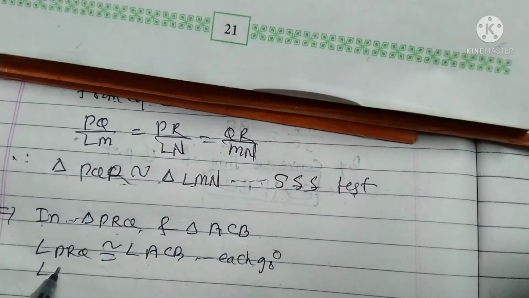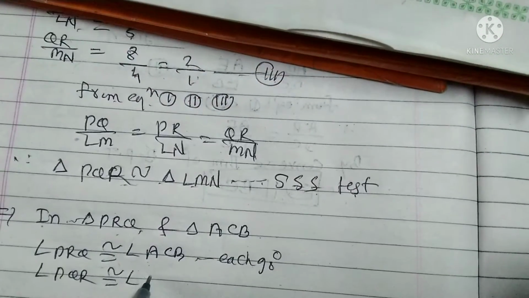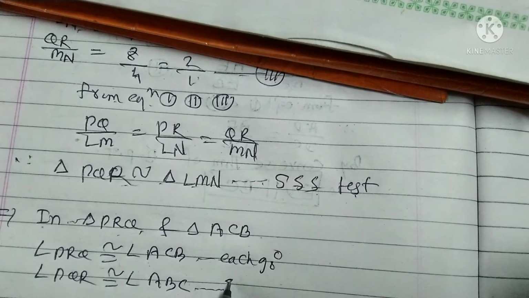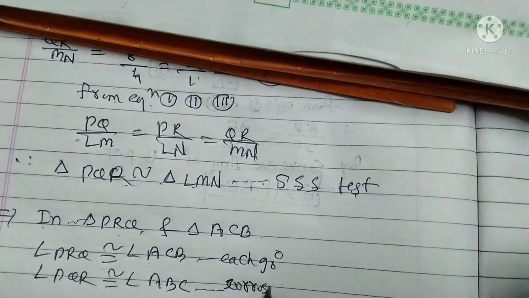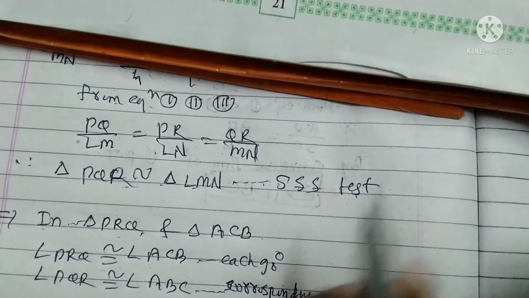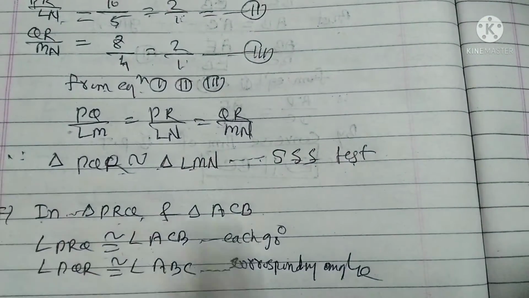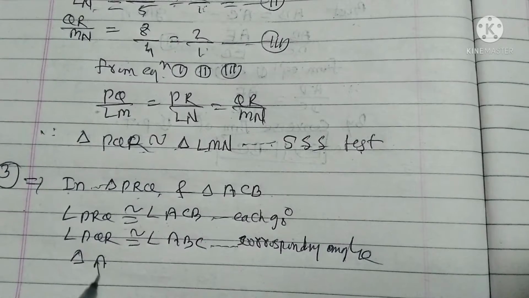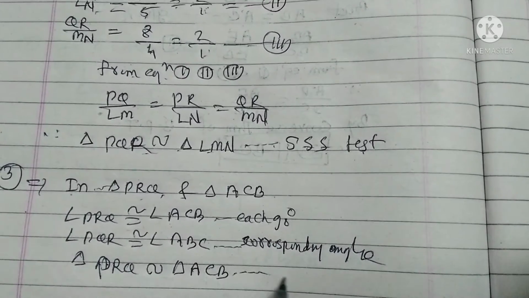Angle PQR is congruent to angle ABC. These are corresponding angles. So the two triangles are similar, triangle PRQ is similar to triangle ACB. This is the double A test.